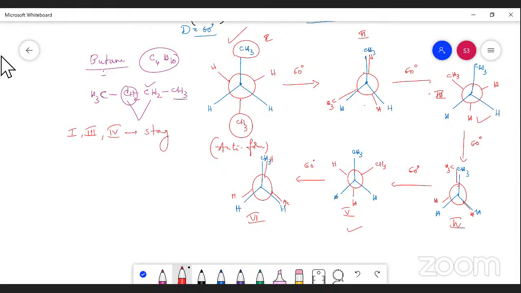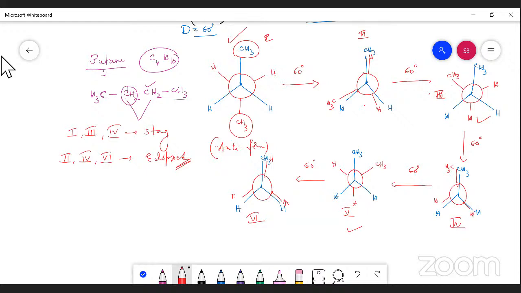Next, structures 2, 4, and 6 we call eclipsed structures.